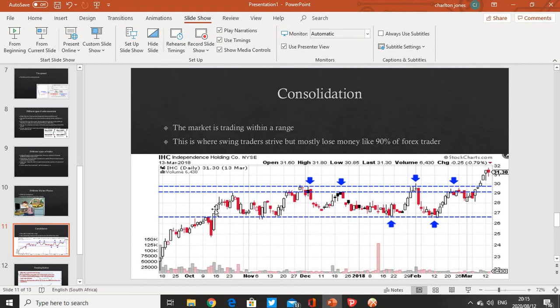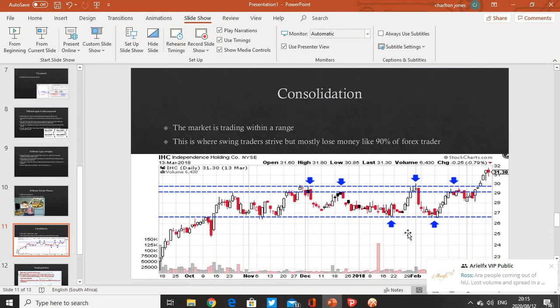So what you can see here is the market is in this quite tight range, and what's happening is it will reach a bottom, which people refer to as support, and then go up and reach a top, which people refer to as resistance. As you can see, price is being supported by this level, and price cannot break through this level. So this is called support, and this is called resistance.